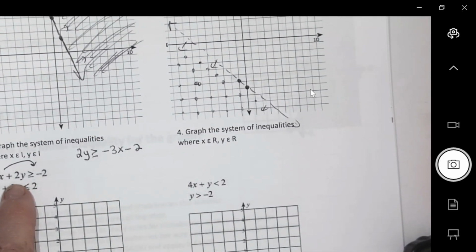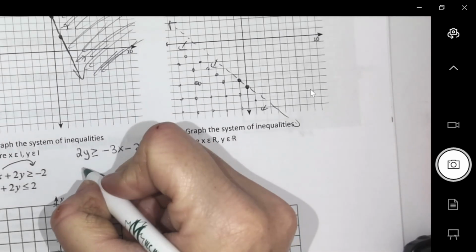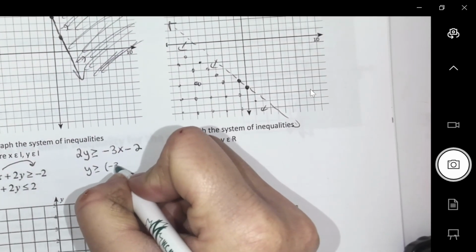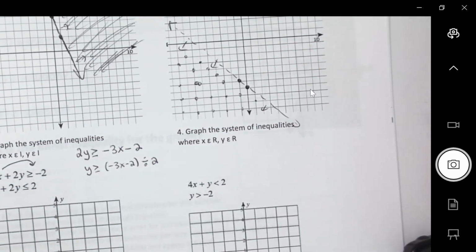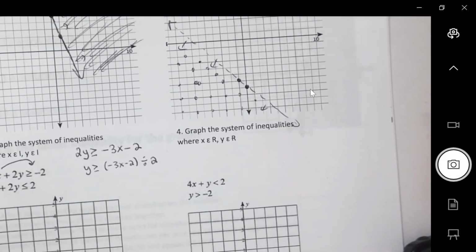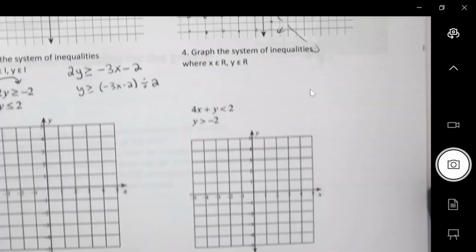So all I did there was move 3x to the other side. And now I'm going to take that and divide it by 2. So that's what I'm typing in. I'm going to have to divide it by 2 yet.